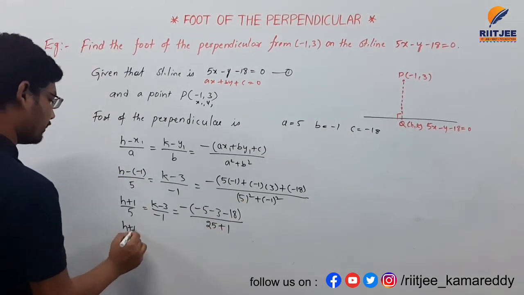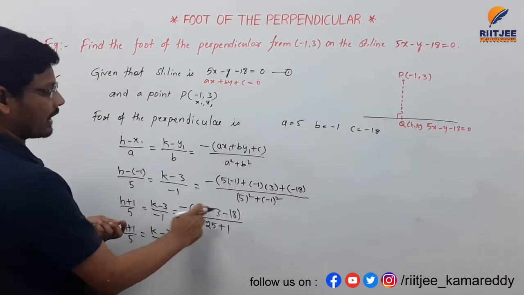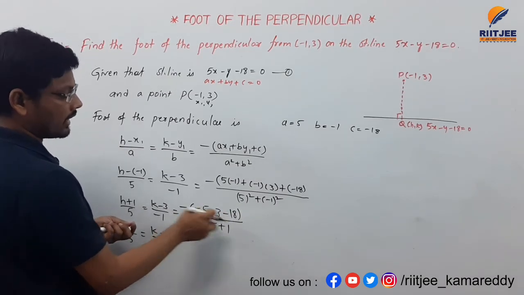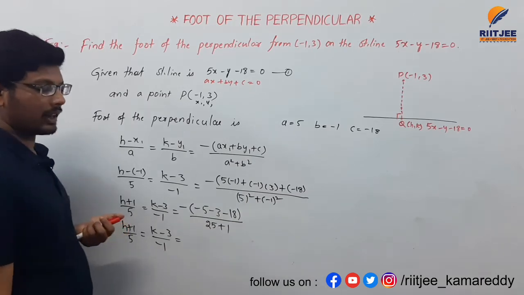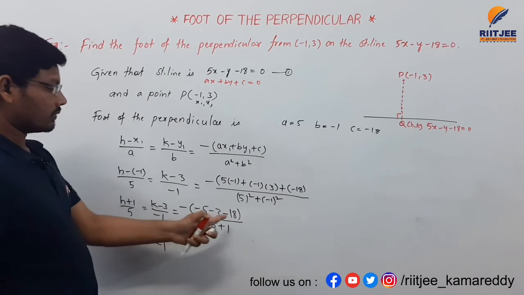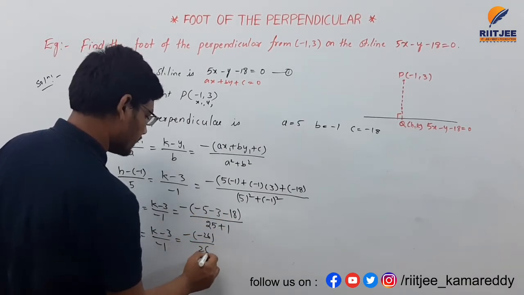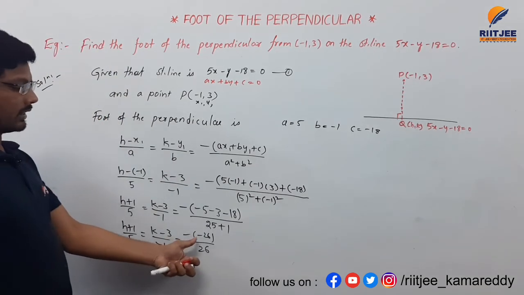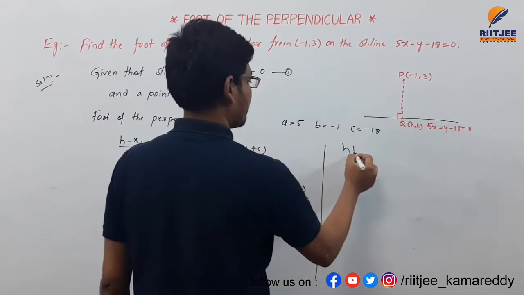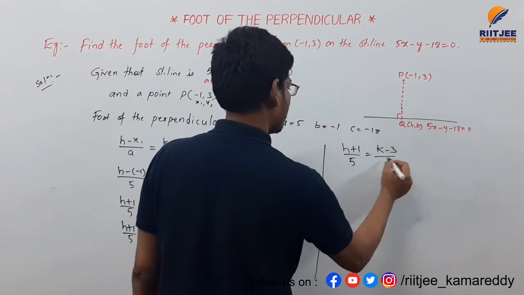If you add all these numbers, 5 plus 3 plus 18, all are negative, so the value will be minus 26. Minus of minus 26 divided by 26. So h plus 1 by 5 is equal to k minus 3 by minus 1.